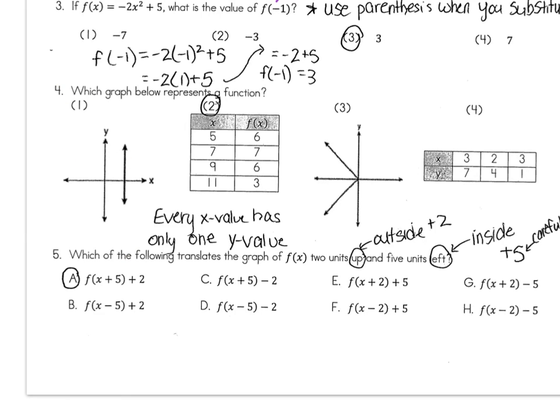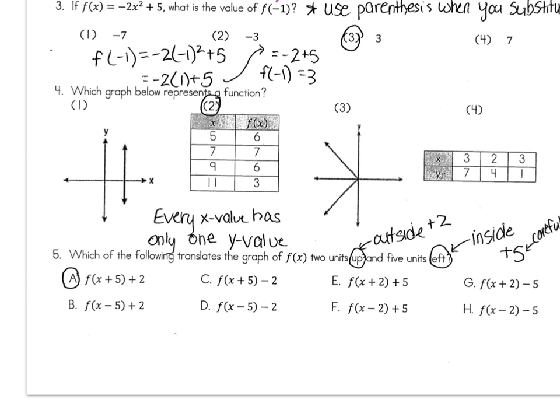Same in number 3. This x value right here actually has 2 y values, not a function. And in this table, in answer choice 4, the x value of 3 has 2 y values of 7 and 1. So 2 is a function because 5 always goes to 6, 7 always goes to 7, 9 always goes to 6, and 11 always goes to 3.